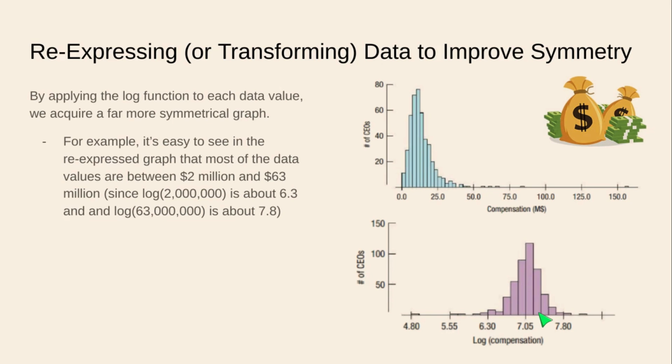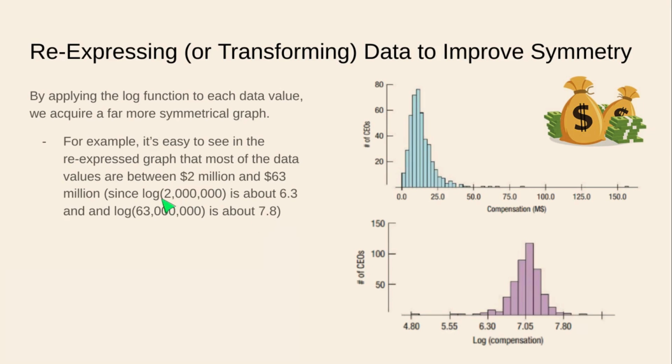Now, how on earth am I able to say that, all right? That's because the x-axis is the log of the compensation, all right? What we see in this graph is that most of the data are between 6.3 and 7.8, right? Well, log of $2 million is 6.3. And log of 63 million is about 7.8, right?